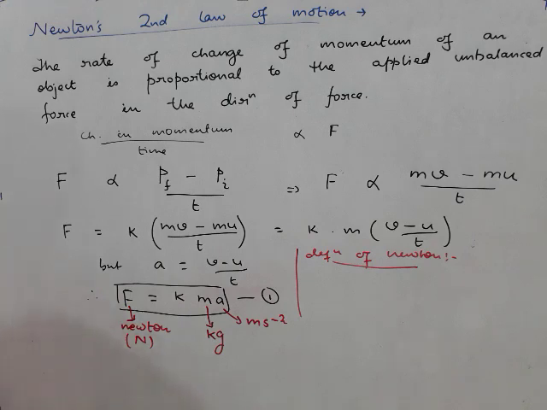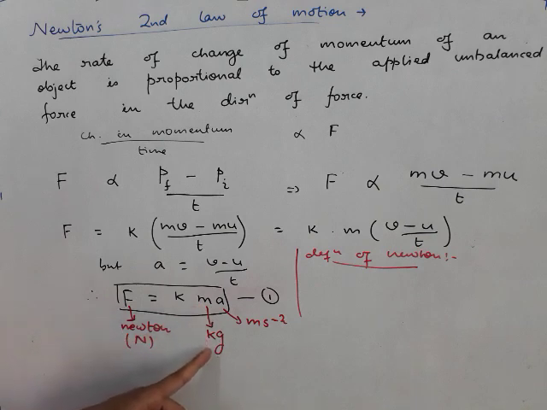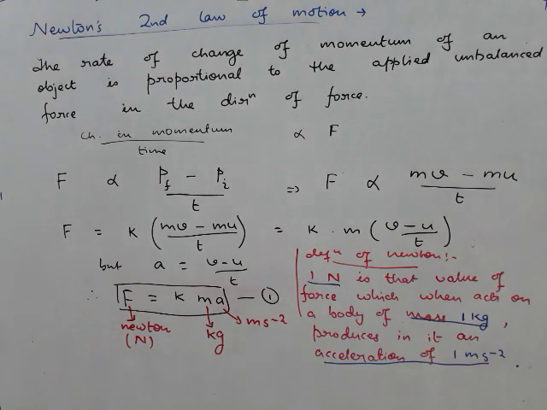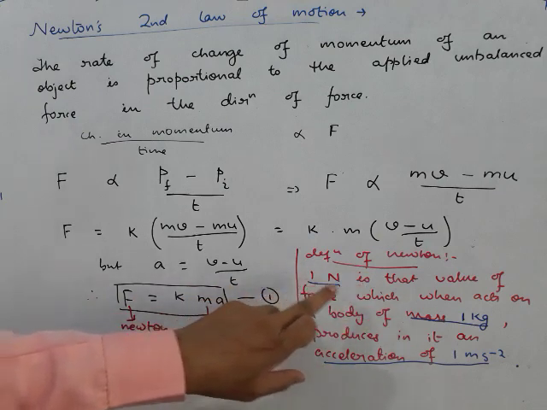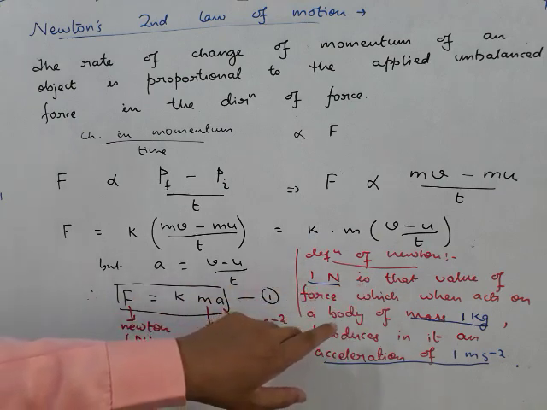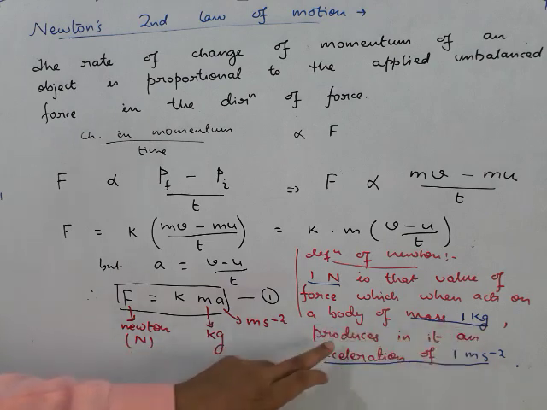Its definition is like this: 1 Newton is that value of force which when acts on a body of mass 1 kilogram produces in it an acceleration of 1 meter per second square. So this is the definition for Newton.